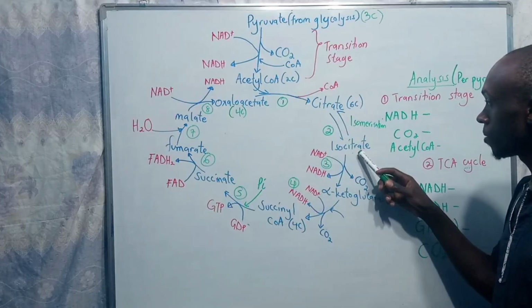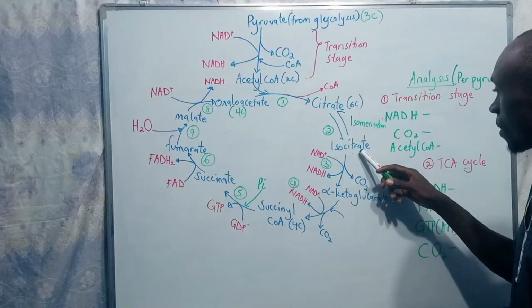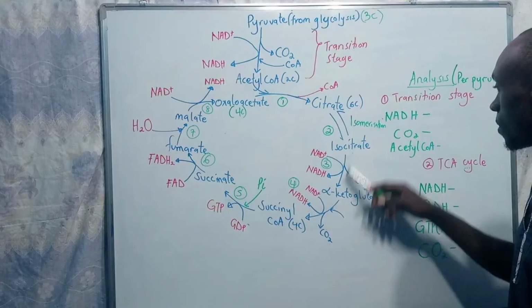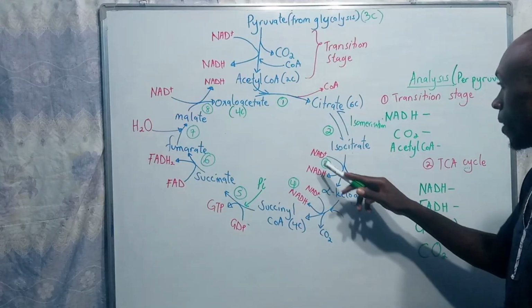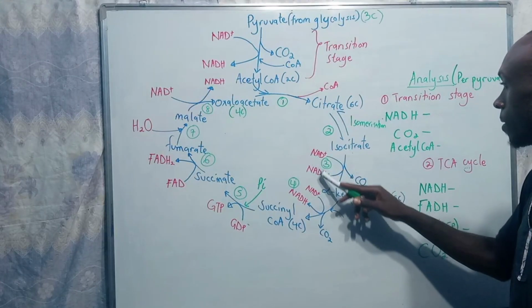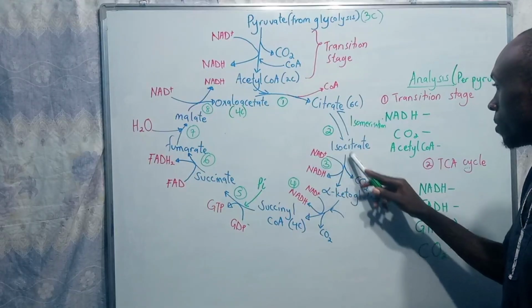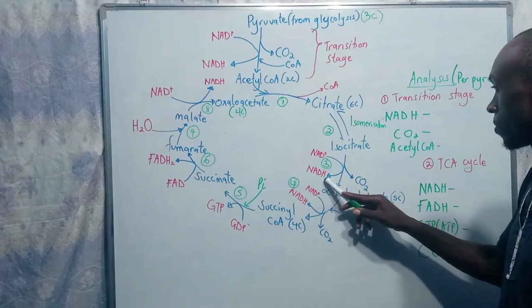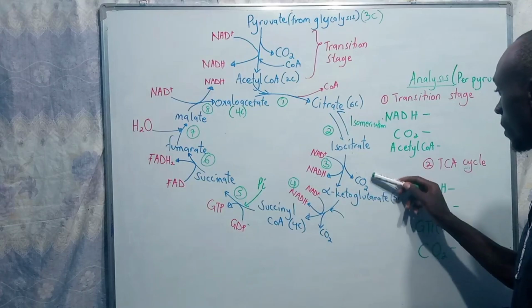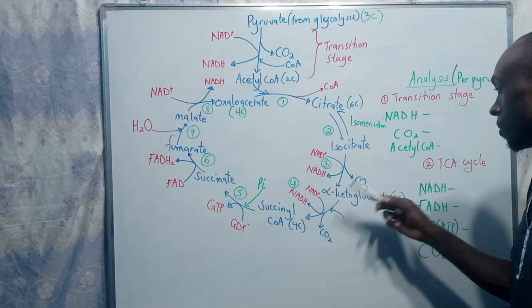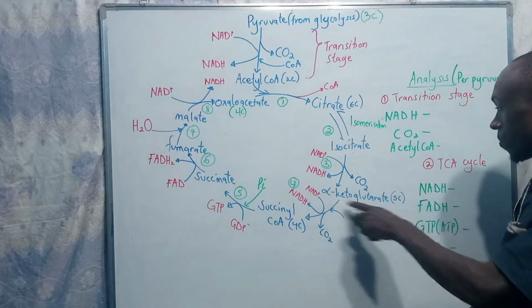From the isocitrate, we are going to have decarboxylation followed by oxidation taking place at this stage, stage number 3. We have oxidized NAD picking up a hydrogen from the isocitrate to form reduced NAD, and we also have decarboxylation taking place, whereby a single carbon dioxide molecule is lost to form alpha-ketoglutarate.